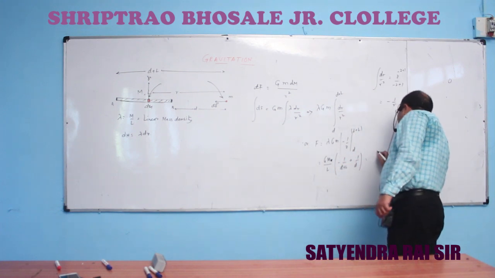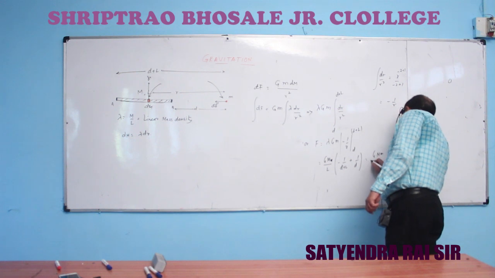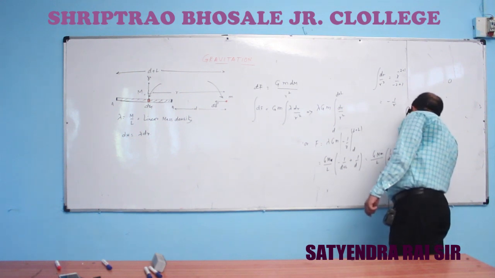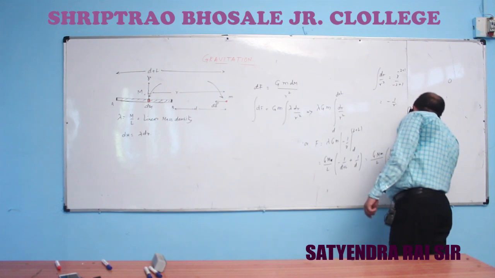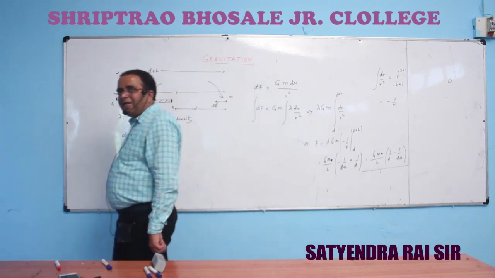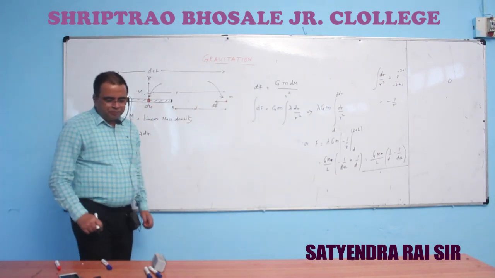This will be G M m by l into 1 upon d minus 1 upon d plus l.